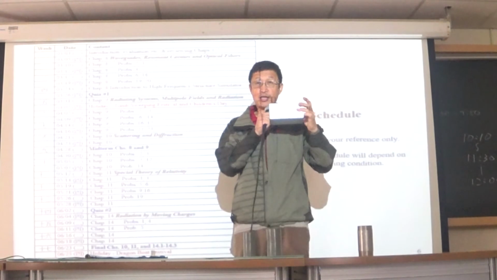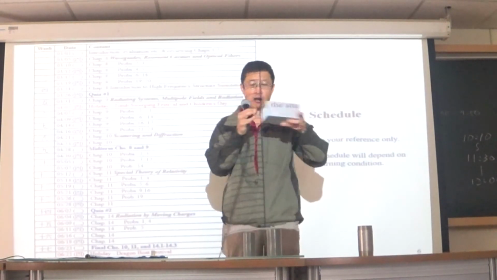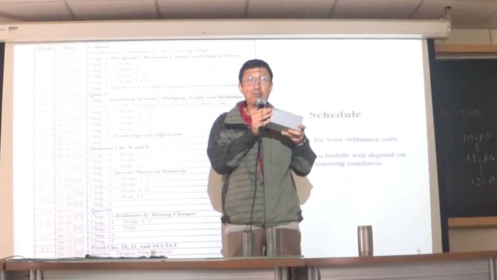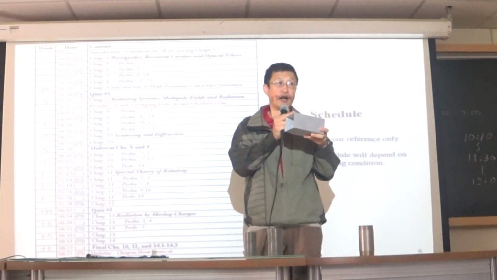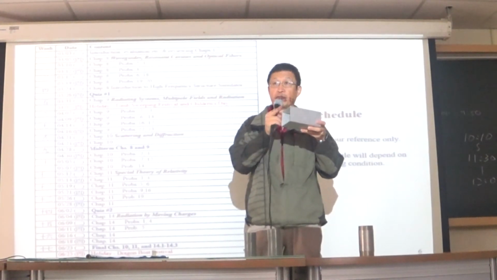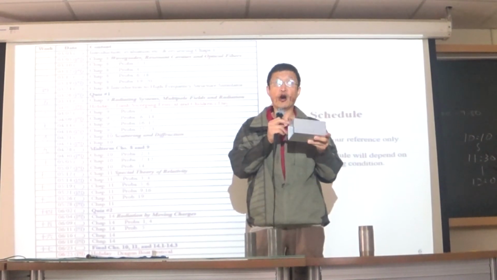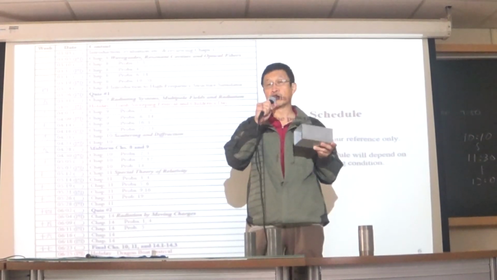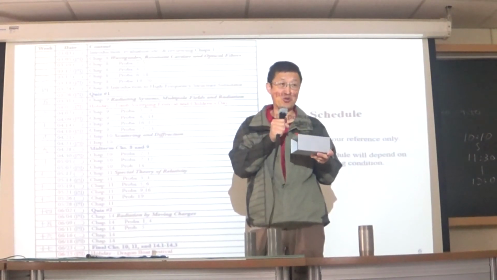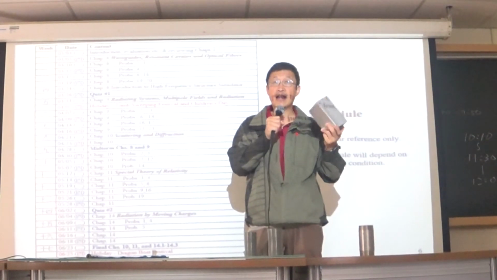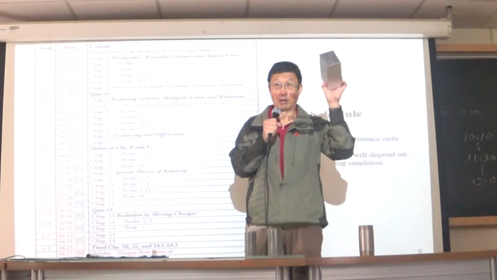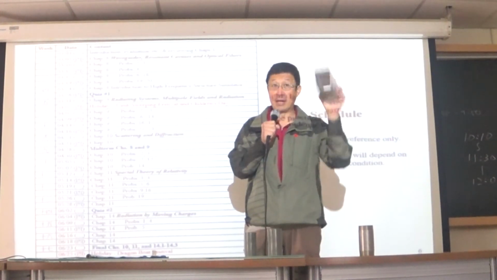For example, because this waveguide is closed, the boundary conditions will be finite. The boundary conditions give us only some specific modes. Okay, that's the resonance cavity for this metal waveguide.